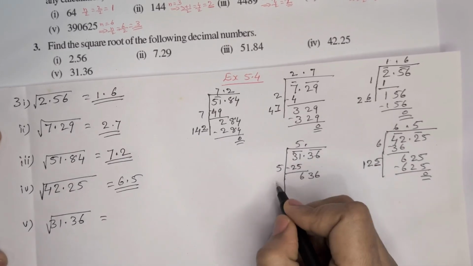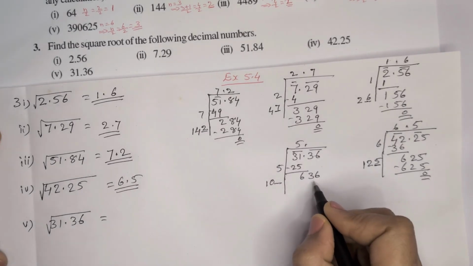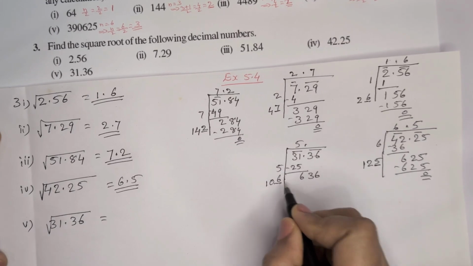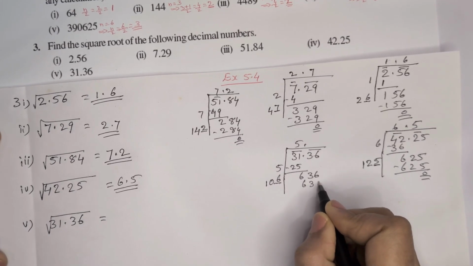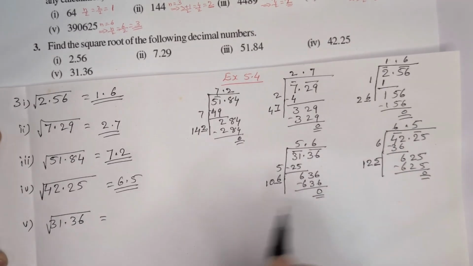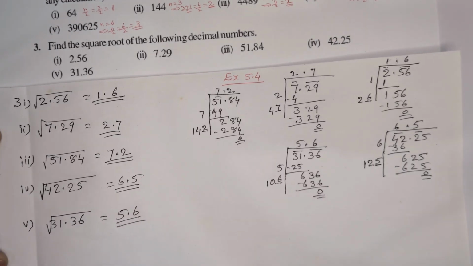Then 636, double the number, 10. And here we have to find one digit such that we get 636. So 6 is the number. 106 into 6 is equal to 636. So that 6 will come over here also. So the square root of that number is 5.6.